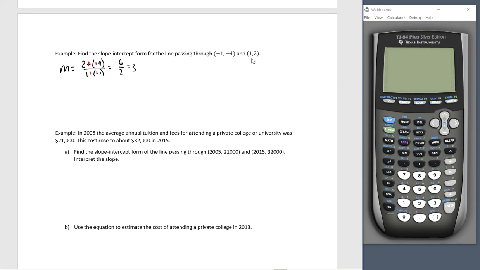Now, if we could use either of these points, we don't always have to use the first one. It doesn't always have to be x1, y1. It could be x2 and y2. See how the point 1, 2 looks easier to deal with than negatives? I'm going to use that and do y minus 2 equals 3 times x minus 1.